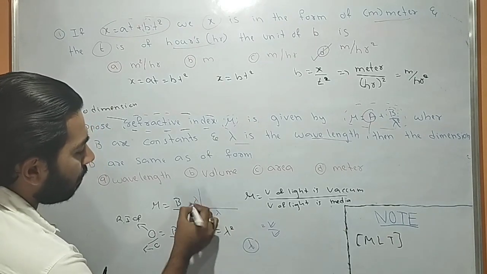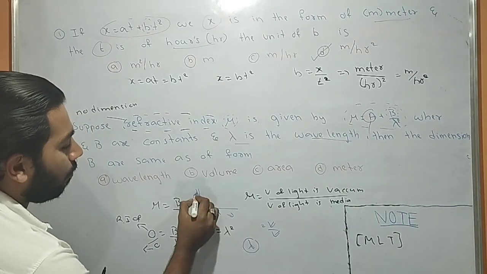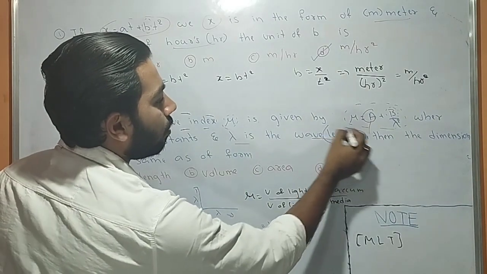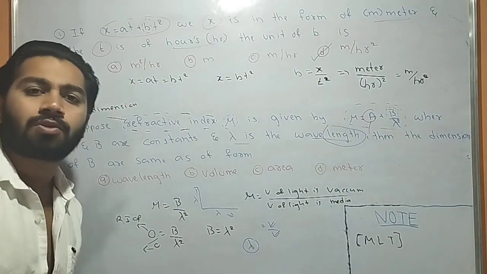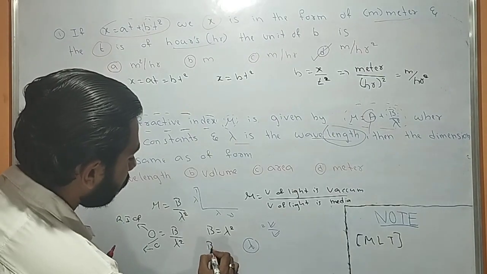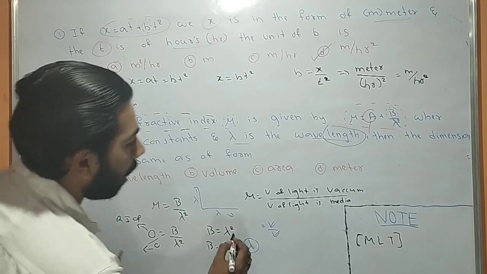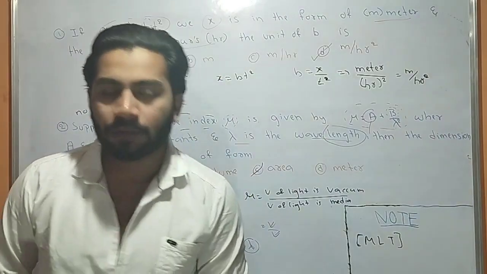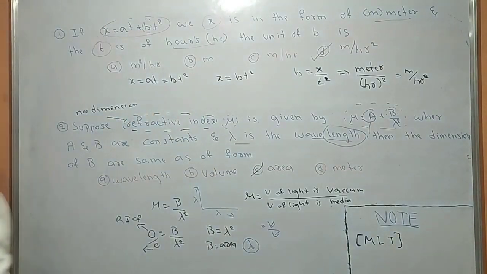Length, width, area. Length into length square is equal to area. Now what you will get, B is equal to area, in which you will measure this area. Very simple question. We will discuss many more questions like this.